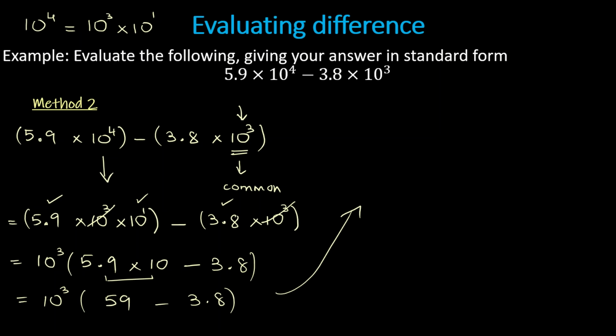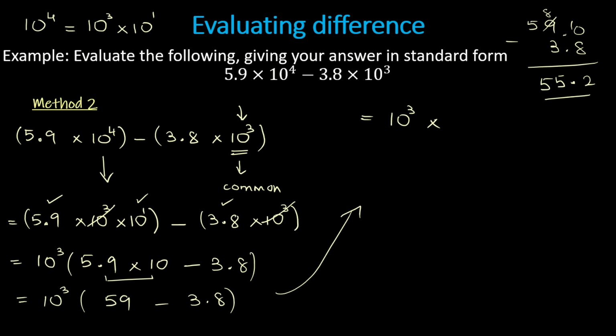So I continue there. This is simply 10 power 3 times 59 minus 3.8. Let us subtract. This is 8. This becomes 2. 8 minus 3 is 5.